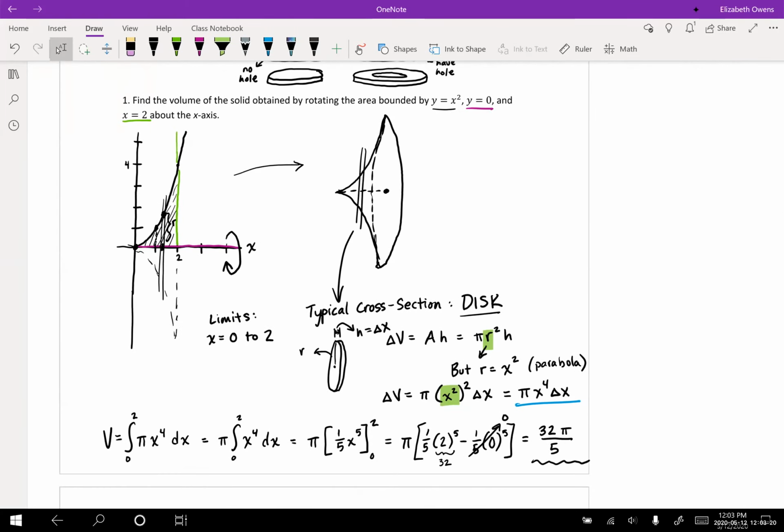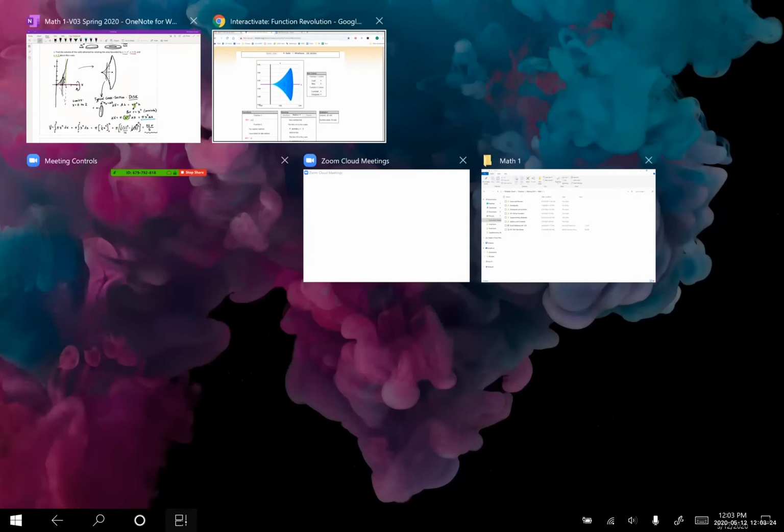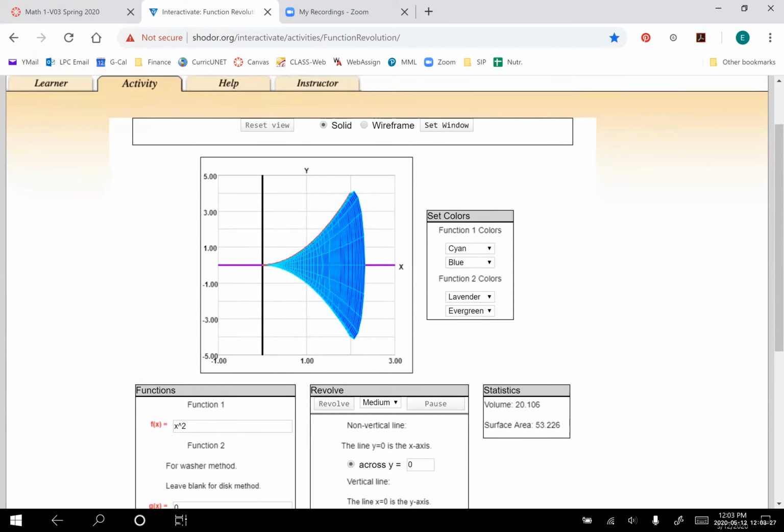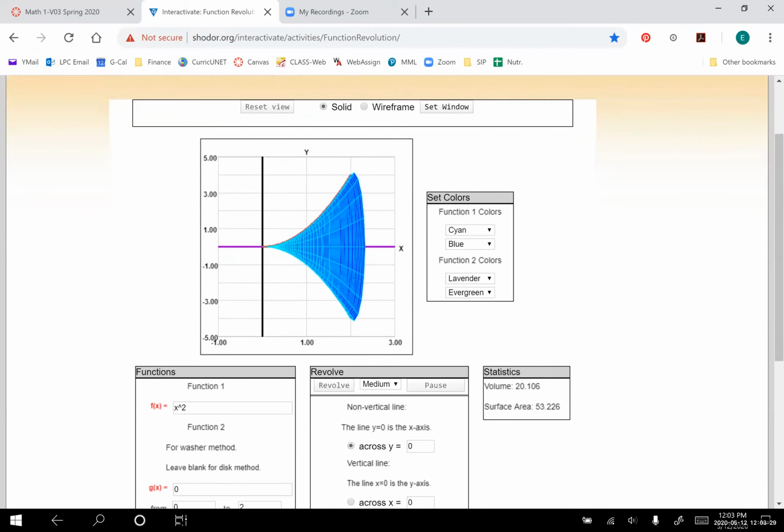If you want to verify your answer on these, that website also does a volume calculation. You can see right here, they do it decimal style, so they have a volume of 20.106. But if you type 32 pi over 5 into your calculator, it'll turn out to be about 20.106 to that many decimal places.